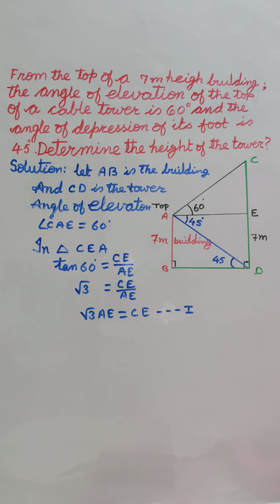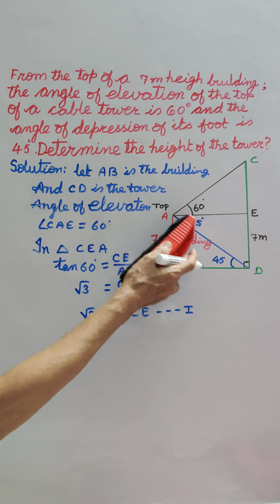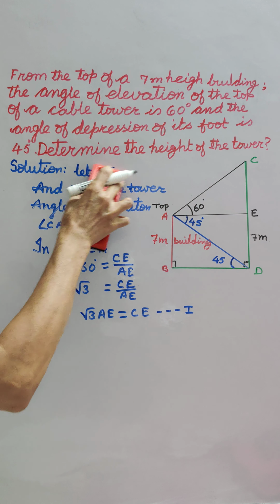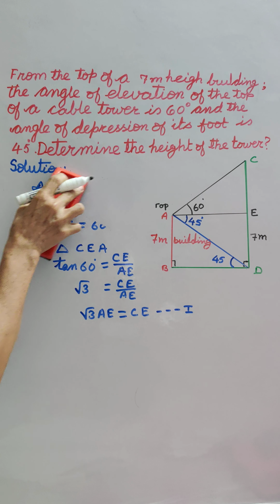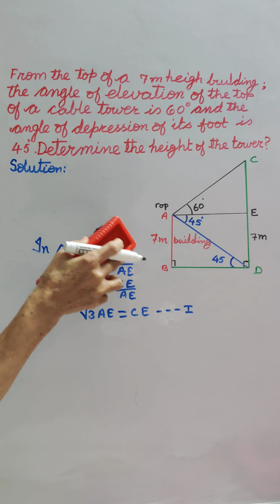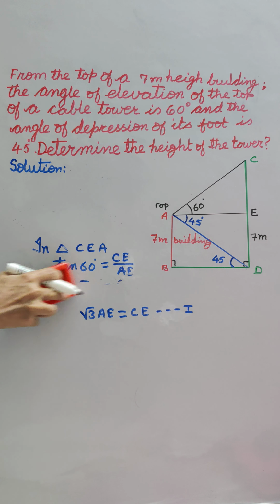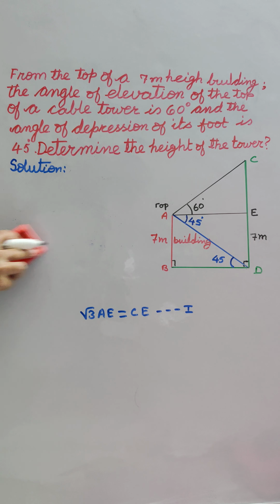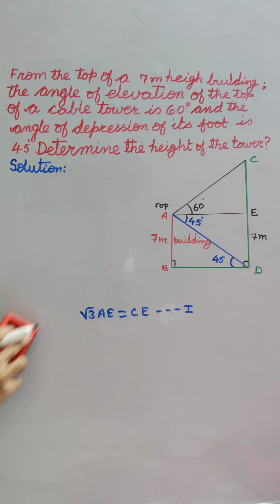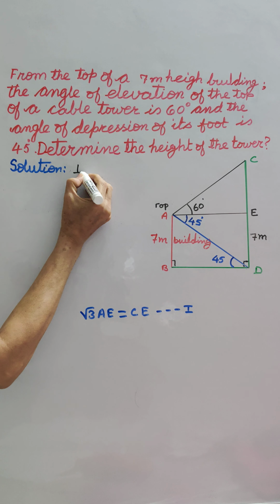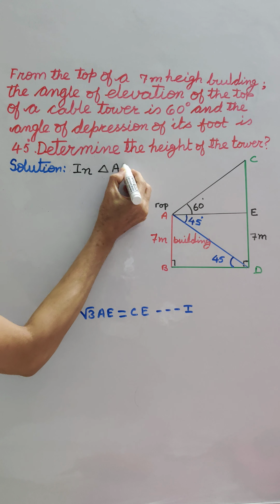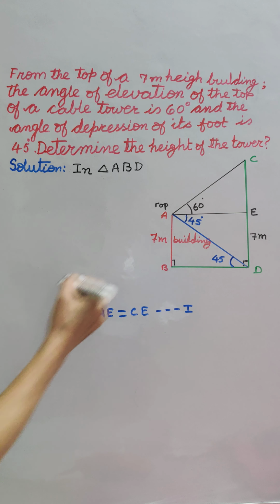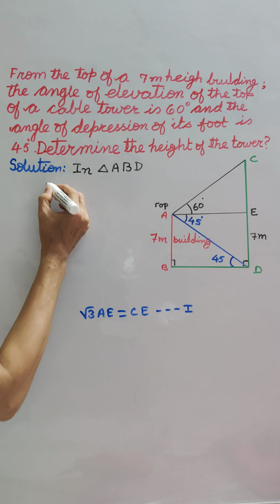Now we see in triangle ABD, right angled at B. Again we shall use tan.